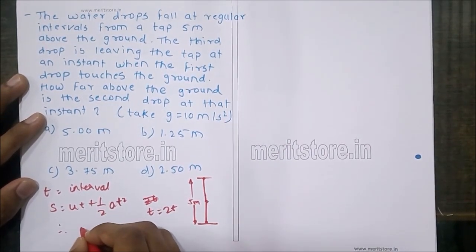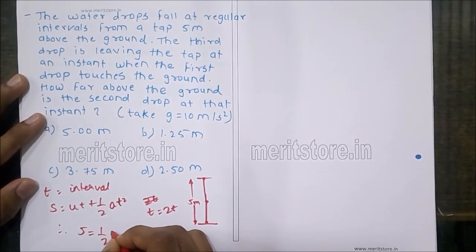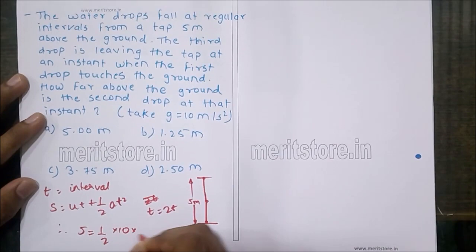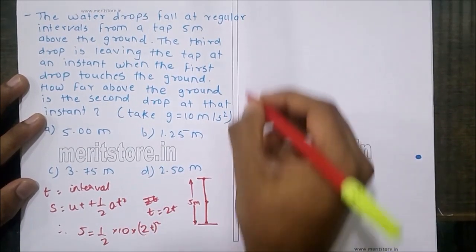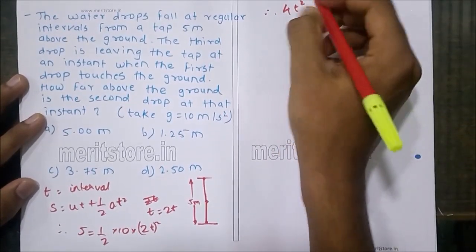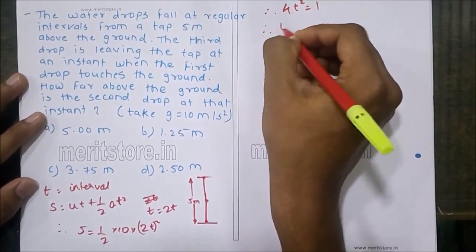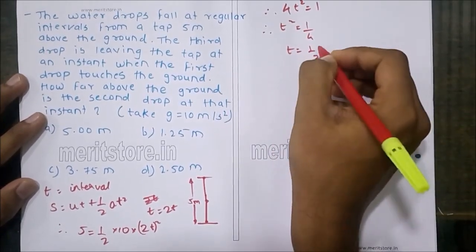Therefore, solving this, 5 is equal to half into 10 into 2t square. Therefore, 4t square is equal to 1. Therefore, t square equals 1 by 4, or t is equal to half a second.